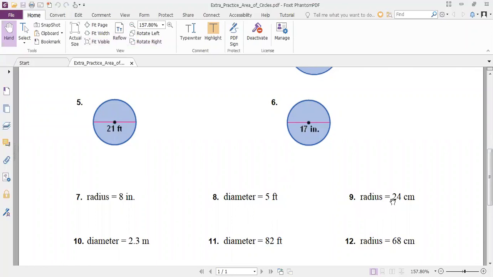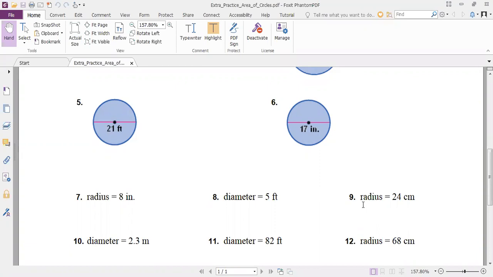Okay, question number 9. He gives me the radius now, which is 24. If he gives me the radius, I don't divide it. If he needs the diameter, it should be 48, but I don't need the diameter.